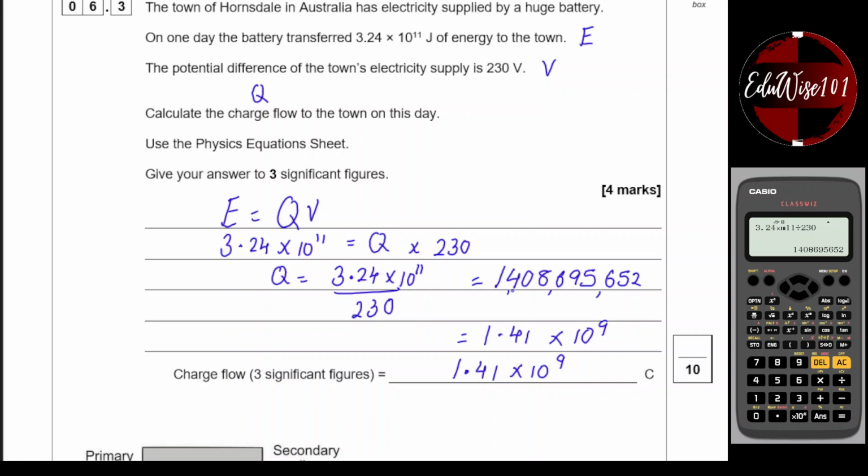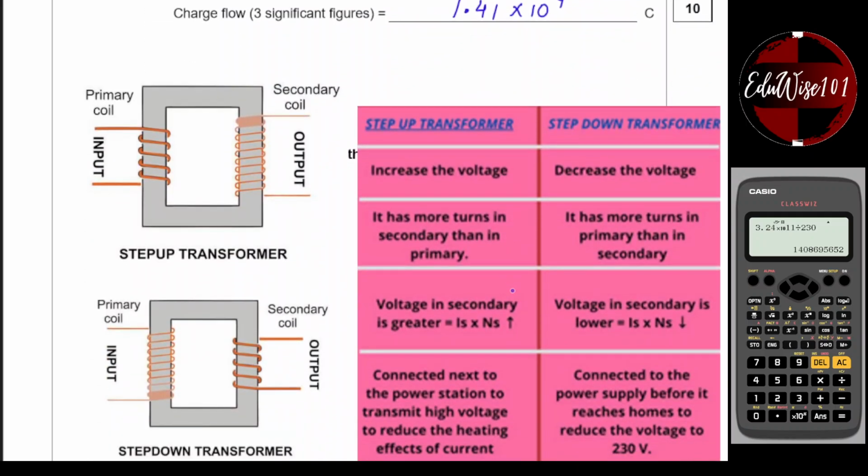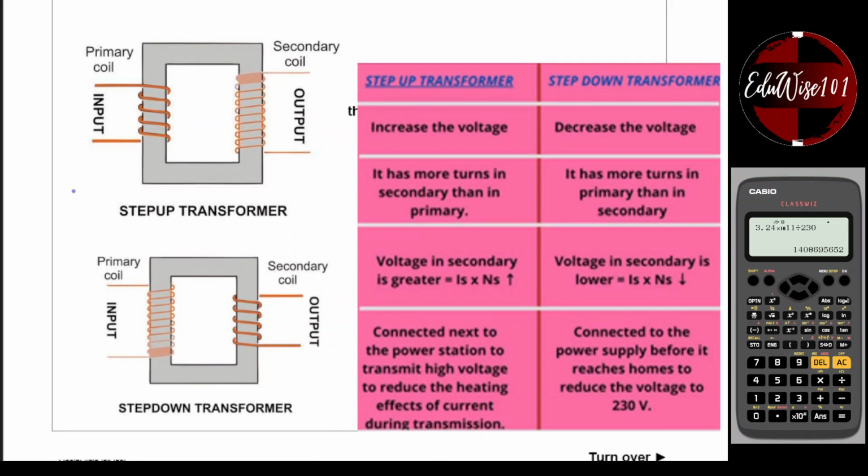Now, just a little bit of notes about different types of transformers. So step-up transformer and step-down transformer, as you can see, the main difference is the number of coils in the primary and the secondary coil. They're basically the opposite of each other.